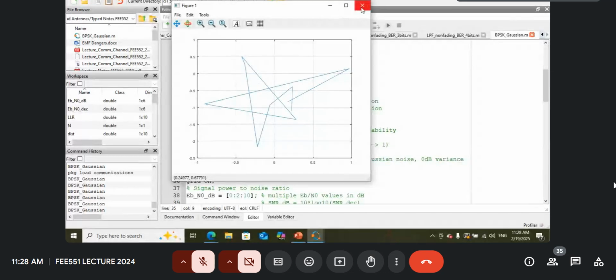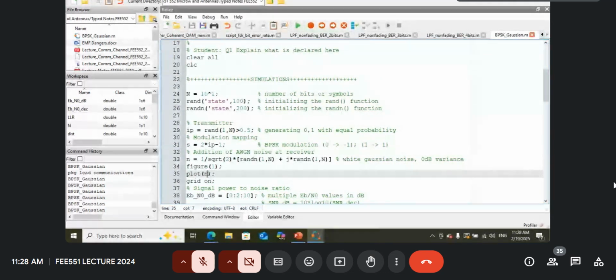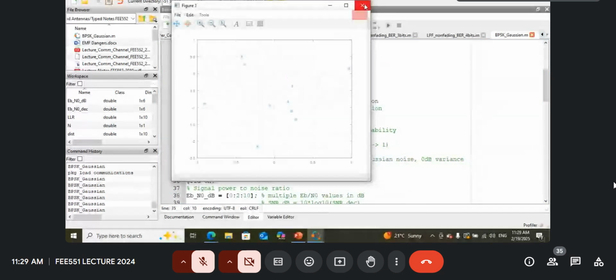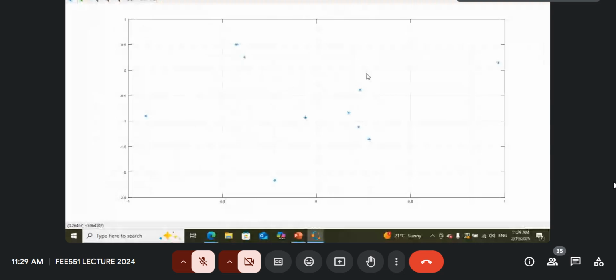Let me remove the lines. So you can see the random values. Noise can be almost -1 in the first one. It can be 0.5, maybe 0.2, or negative 0.09, or negative 2.5. You can see how random they are, okay? So these are the random values of noise.